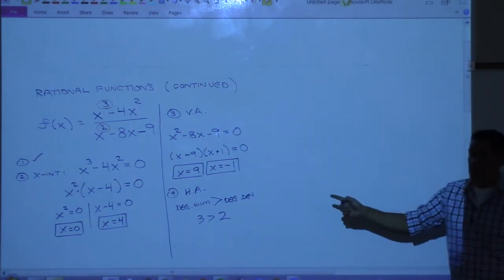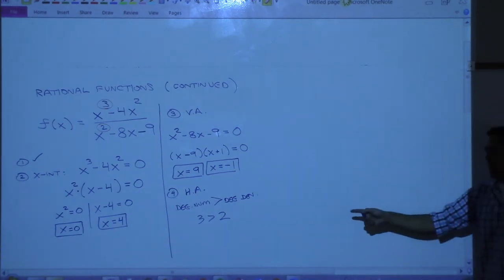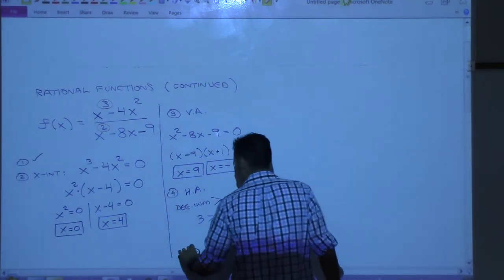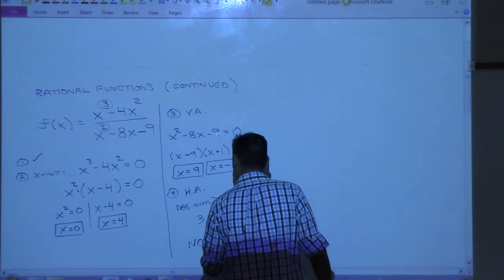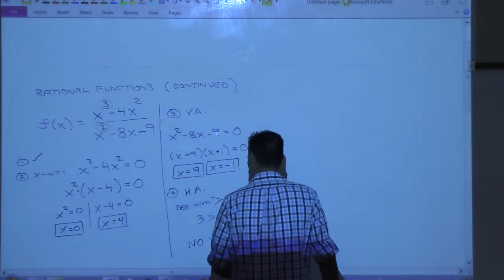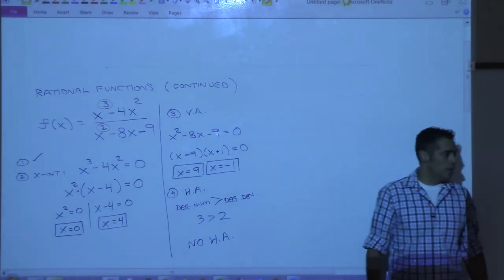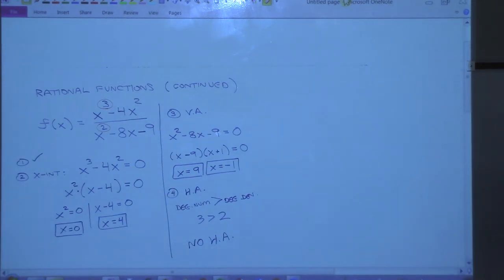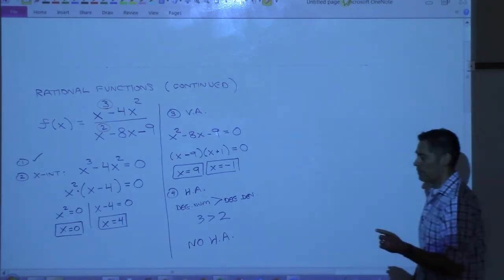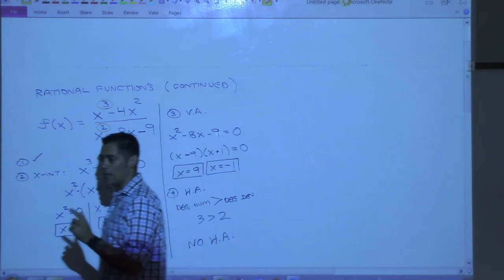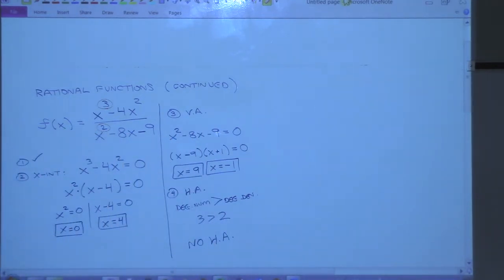In this case, and only in this case, you have no horizontal asymptote. Which means there is no magnet pulling your graph at the ends.